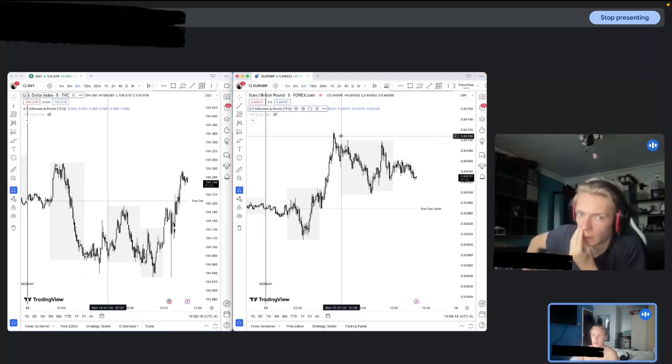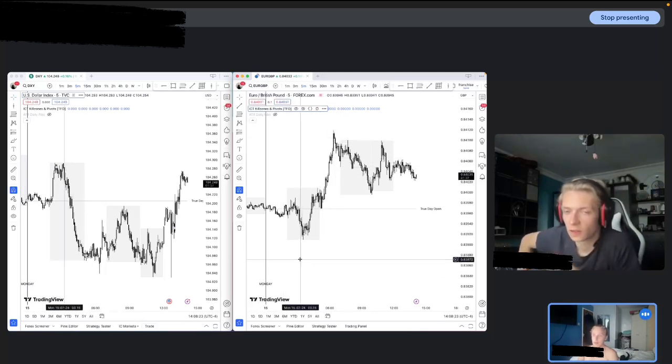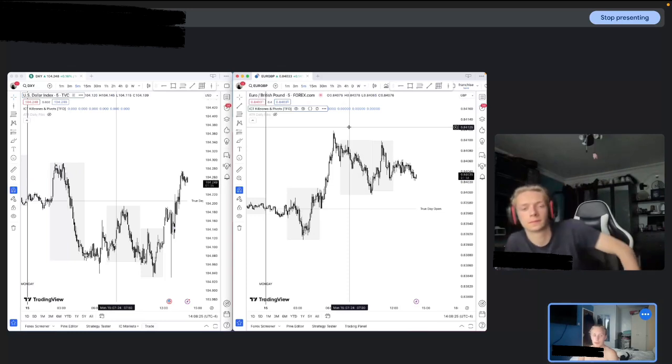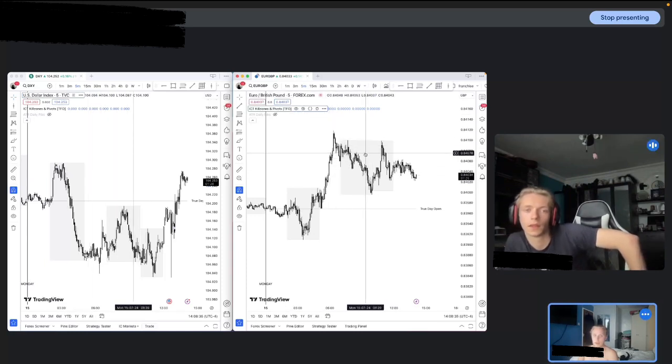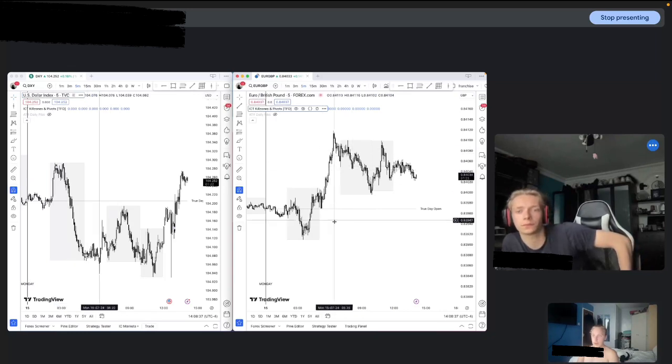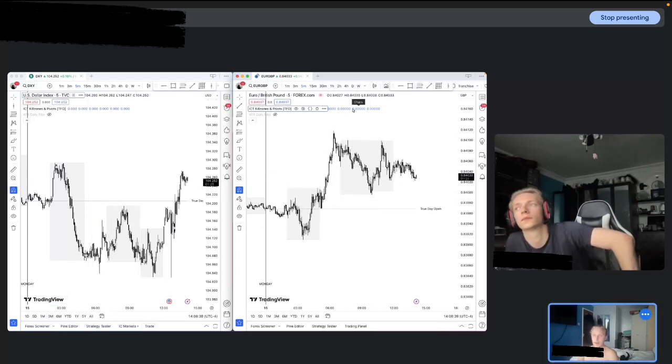What does that mean? Which is stronger, euro or the pound, if it's bullish? The euro is traded against the pound, which means the euro is stronger. The euro is going to be stronger for the day.